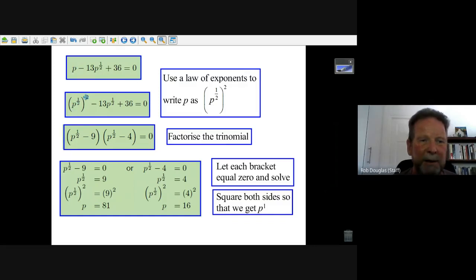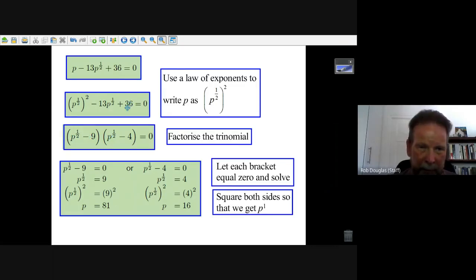So there's your something squared, p to the 1/2 squared. The big trick is, instead of writing p, write it as p to the 1/2 all to the 2nd power. Now it's a trinomial. So you go p to the 1/2 and p to the 1/2, squared, multiplied together.